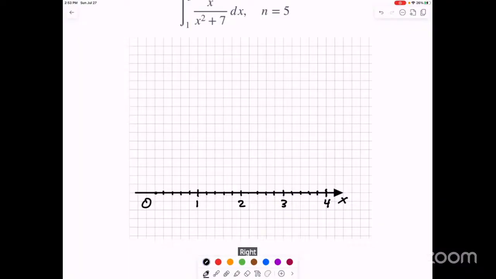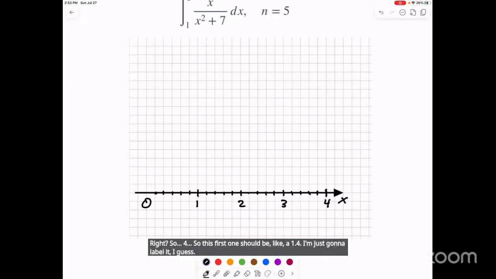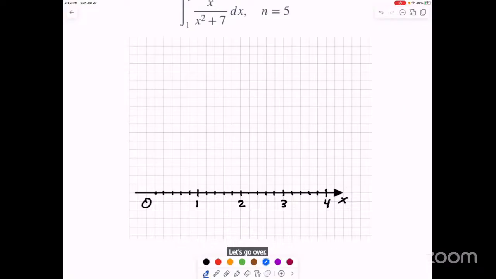So the first one should be 1.4. I'll label it in blue. So 1.4 is the first one, and then 1.8, and then 2.2.